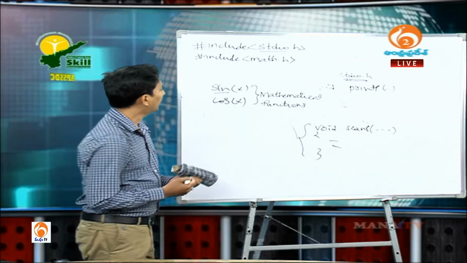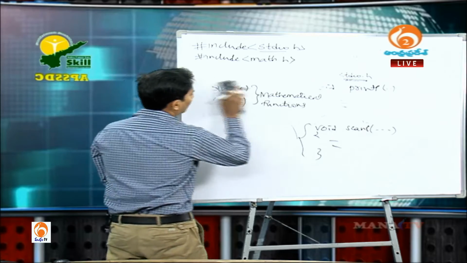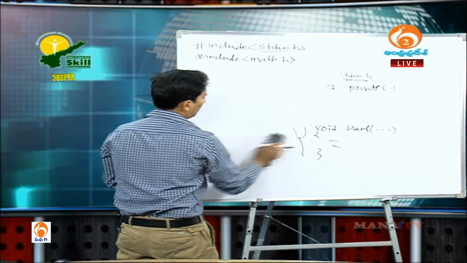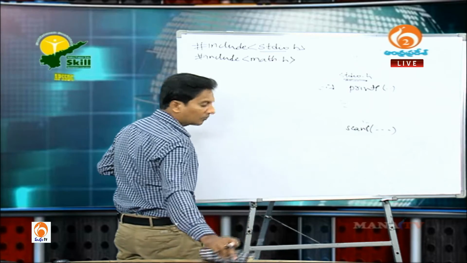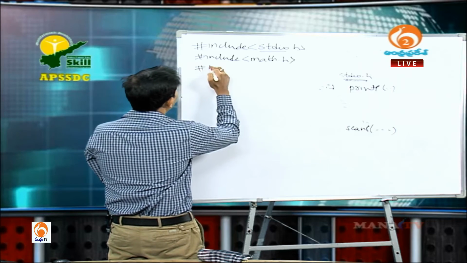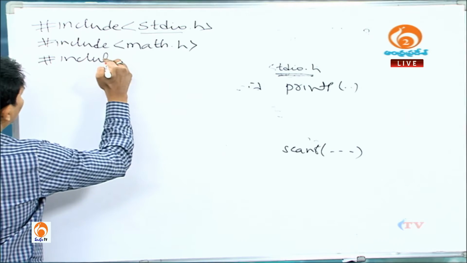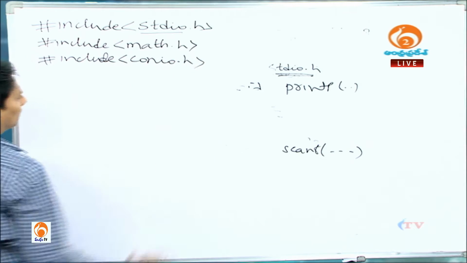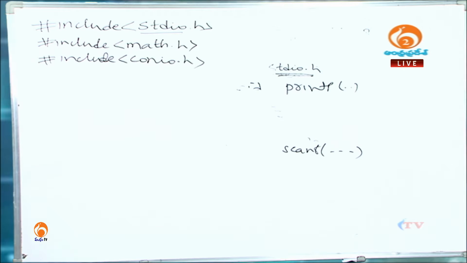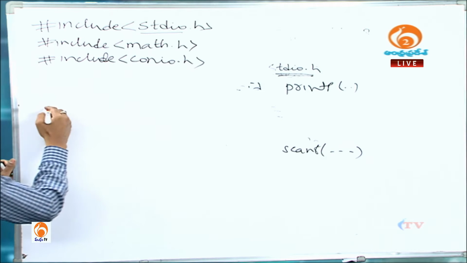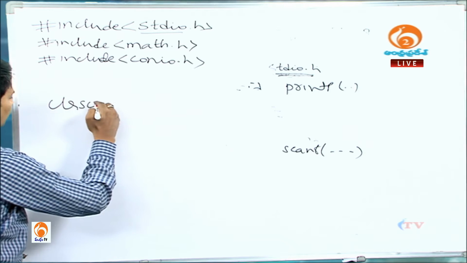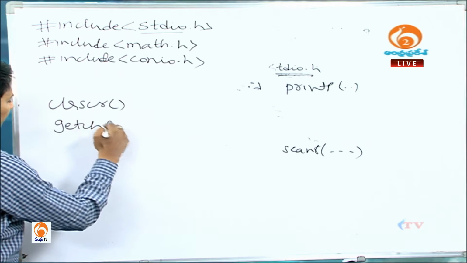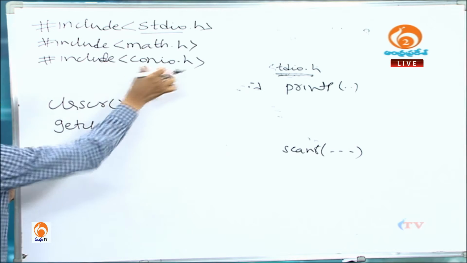Next, another header file we use regularly, that is #include <conio.h>, the console input output header file. We use it for the clrscr function and getch function, which are predefined in conio.h.